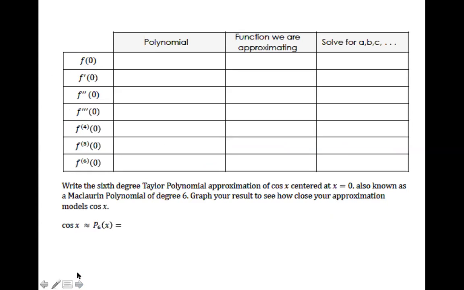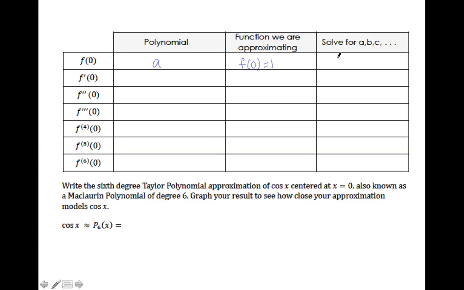Okay, this time we are going to be using our polynomial and finding our different values. So you can look back at what you had above. f of 0, I grab my pen. f of 0 would just be left with our a, because all the other terms in our polynomial contain x. For the function we're approximating, that would be our cosine of 0 is 1.